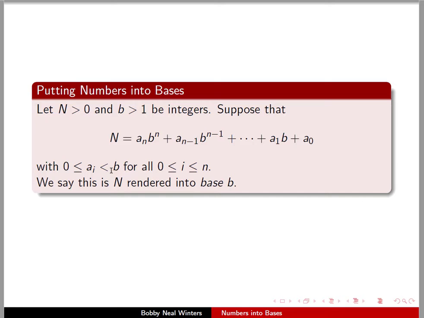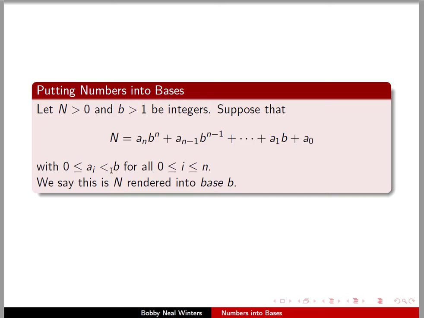We could also be interested in b equal to 8. That would give us something called octal numbers. A lot of people represent colors on a computer in terms of octal numbers. And b equal to 16 is common. That's hexadecimal.